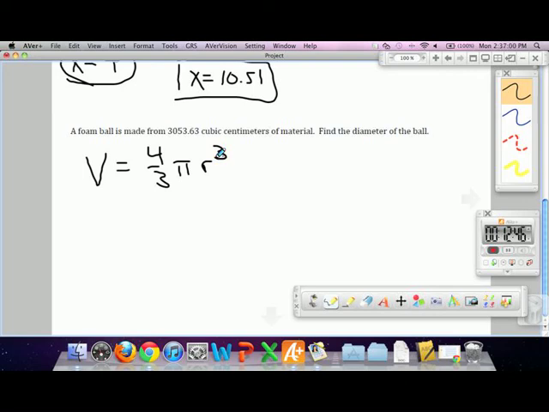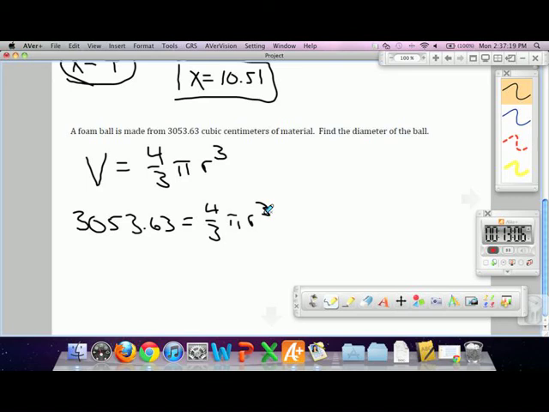3,053.63 equals 4/3 pi r to the 3rd power. Get r by itself. You could get a number for what 4/3 of pi is and then divide by that number.